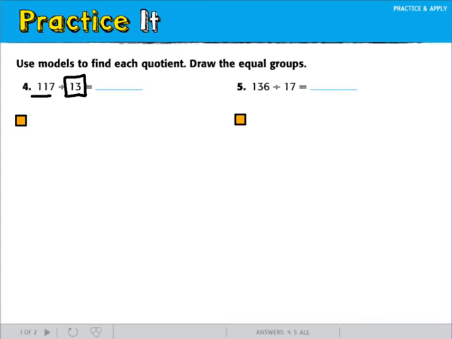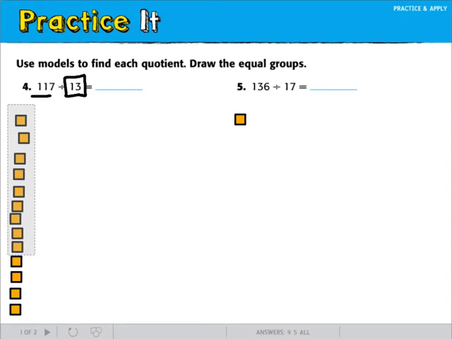So instead of trying to figure out how we're going to do all of that, we're just going to go ahead and make 13 groups of 1. 1, 2, 3, 4, 5, 6, 7, 8, 9, 10, 11, 12, and we need one more. 13 groups, right? So we have 13 groups of 1.